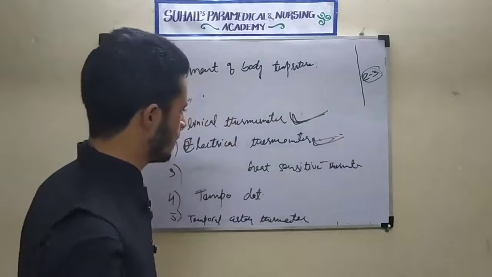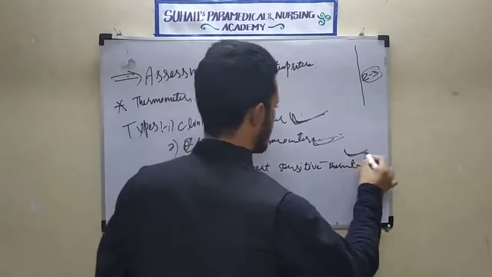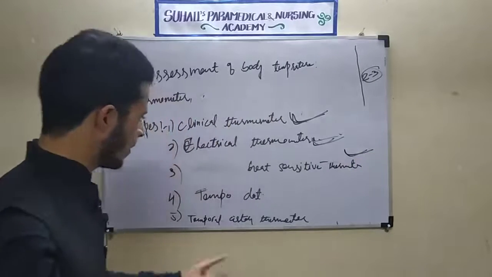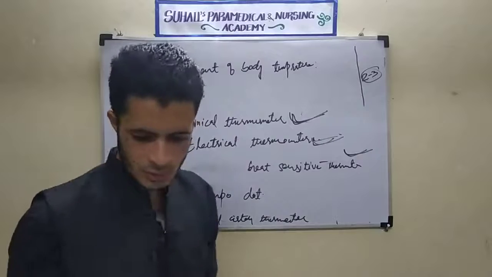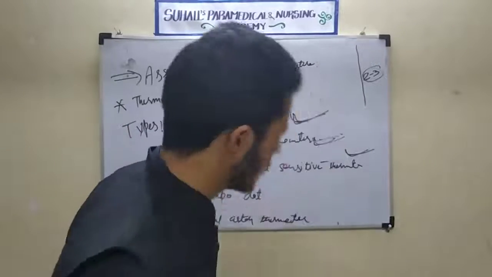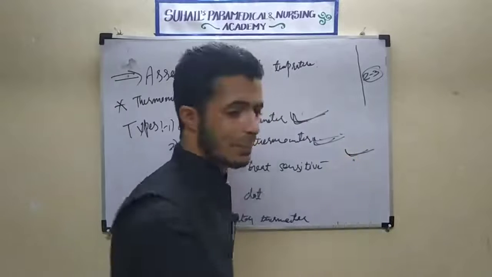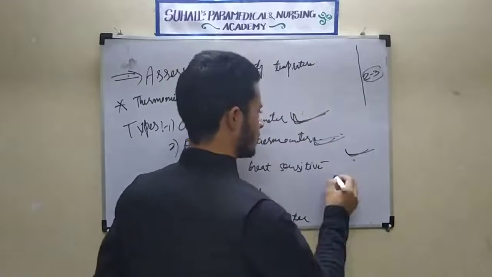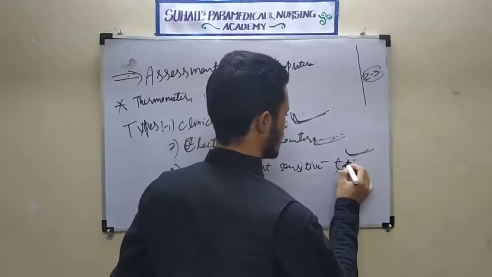Heat sensitive thermometer is what? We are using this also. Remember one thing, in case of heat sensitive thermometer, some books write this as heat sensitive tap. For correction, because you may open the book and wonder what he is saying.